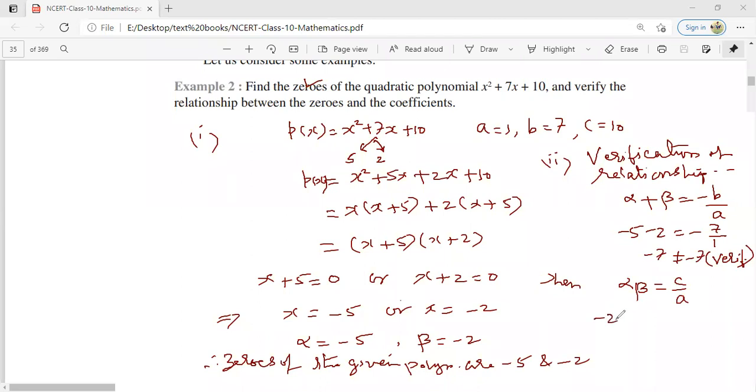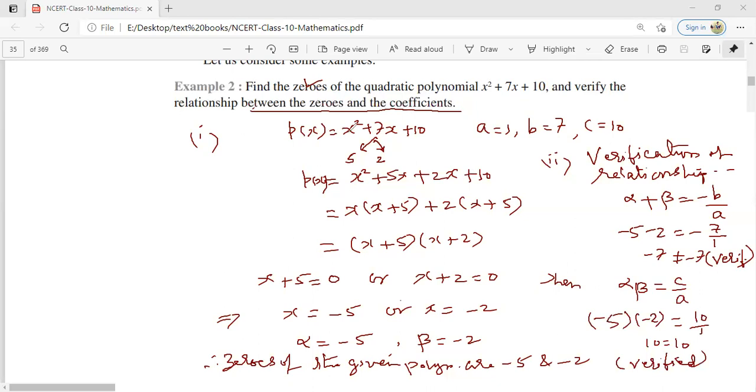Alpha is minus 5 and beta is minus 2, c is 10, a is 1. Minus into minus is plus, 5 times 2 is 10, equal to 10. It is also verified. So we have verified the relationship between the zeros and the coefficients.